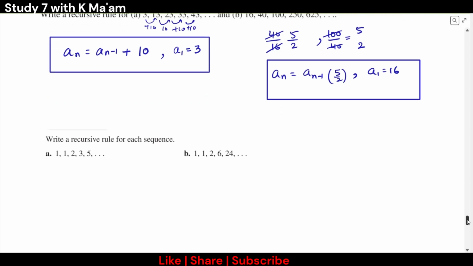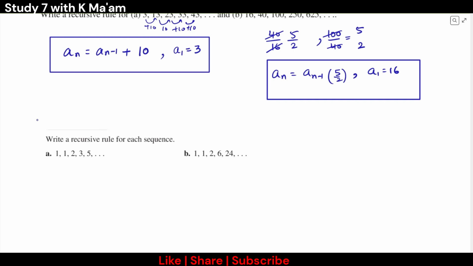Next, we have to write a recursive rule for C. You can see the first term and the second term are the same. It's not addition, but after the second term the value is increasing. So in that case, if the sequence is not arithmetic and not geometric, try to find some other pattern. 1 and 1 is 2.